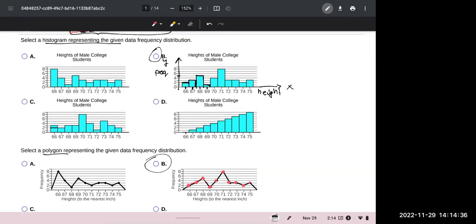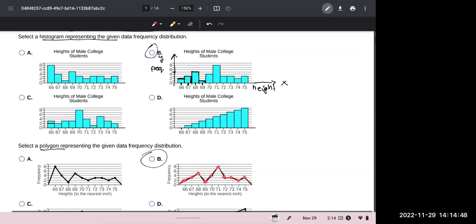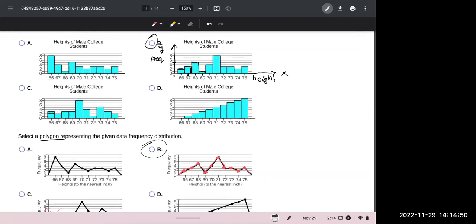You connect those points, and then the last point has to be connected with the x-axis, and the first point should be connected with the x-axis. To save yourself time during the test, when you select the correct histogram, you can quickly see what will be the shape of the polygon.